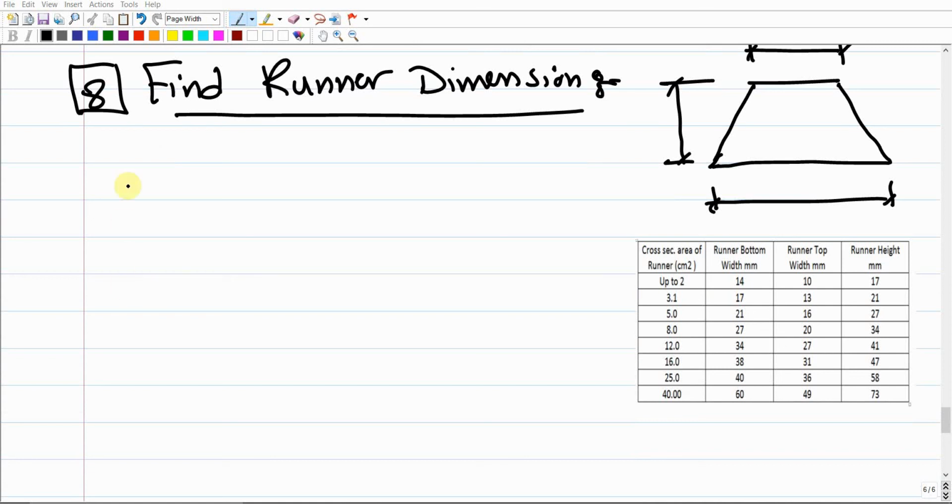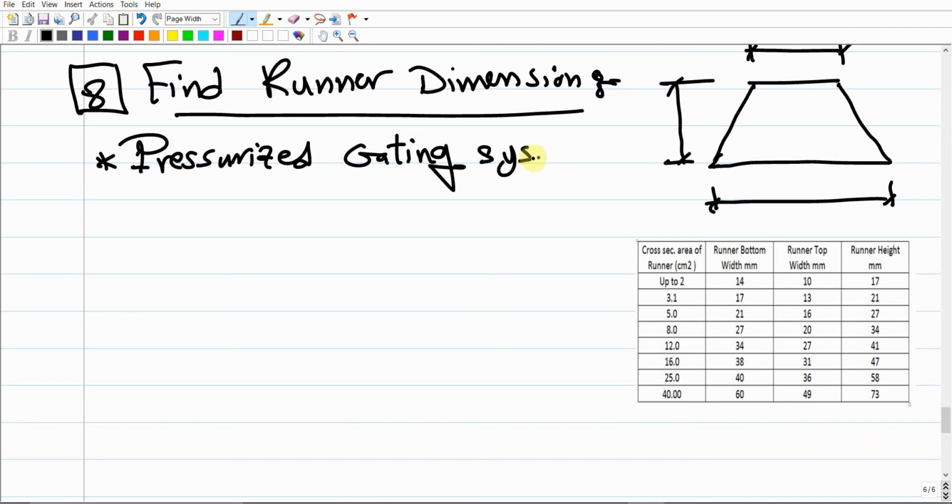So let us assume that we're going to use a pressurized gating system. In this case, as we mentioned in the previous video, we can have this ratio between the area of the ingot, the area of the runner, and the area of the down sprue.